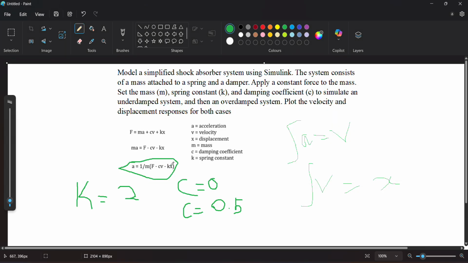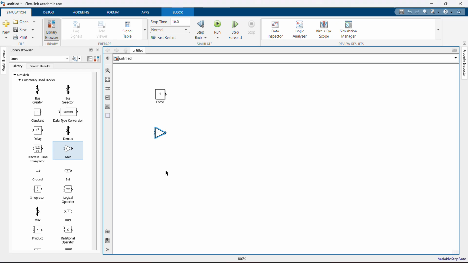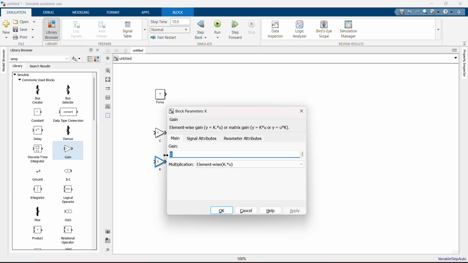Similarly, to represent k, I am going to use another gain block. So I am dragging two gain blocks inside. One gain block I am renaming as c, which is the damping coefficient, and the other gain block I am renaming as k, which is the spring constant. Like I discussed, let us keep the value of spring constant as 2.